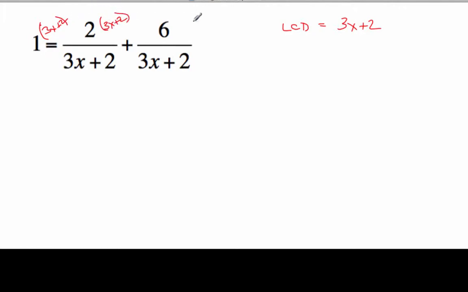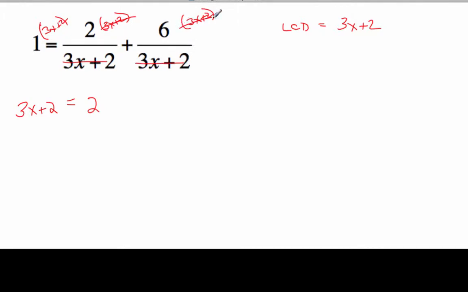All right, so again, the whole reason for going through and doing this is so I do not have to deal with denominators. Now over here on the left side of the equation, I've got 1 times 3x plus 2. That's nice. It's just going to give me 3x plus 2. Gone. See ya. Have a nice day. 2 is what's left.